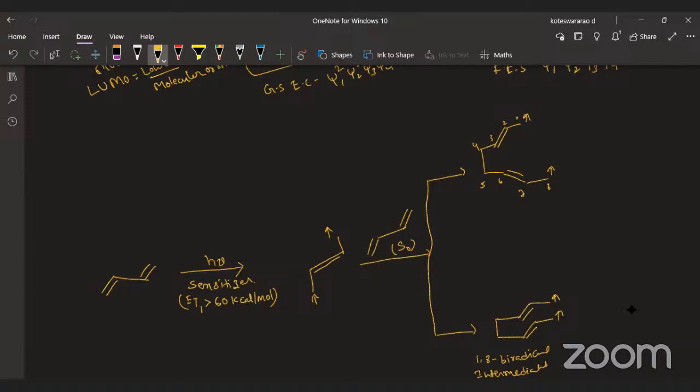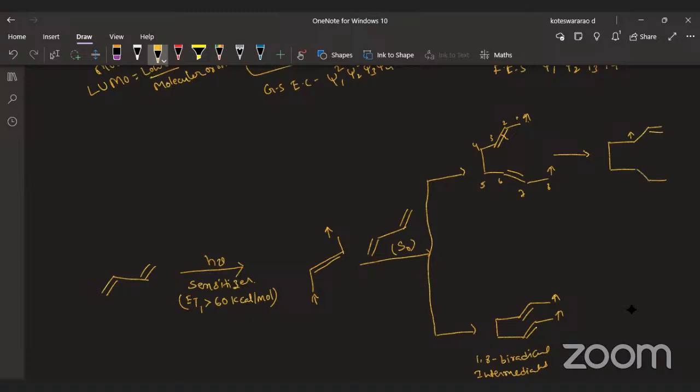Now, these are again rearranged. That means this double bond is undergoing homolytic cleavage. Now, the electron in the double bond combines with this electron, forming a pi bond. Now it creates the radical here.